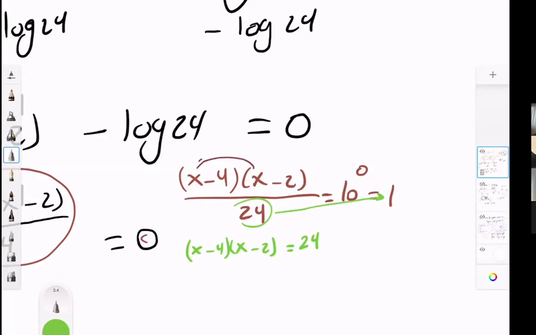Is that linear or quadratic? It's quadratic. But this is in factored form. Great, we love it, but the other side should be 0. It's not 0, which means we need to distribute, bring 24 to the other side, make it 0, and then factor it.